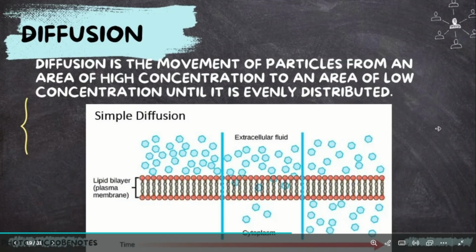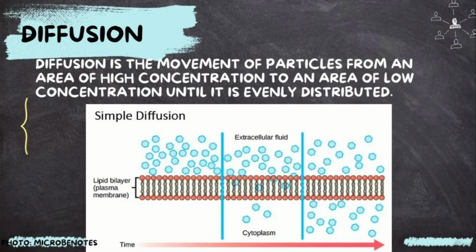So what's going to happen is that in facilitated diffusion, certain particles, let's just use glucose for example, cannot just diffuse across the membrane just like that. And the reason they cannot do that is because of the hydrophobic tails. The fact that these tails are faced inwards means that certain things cannot interact with them, right? It's like putting oil and water together. The heads are hydrophilic and like water, so they're going to be outside.